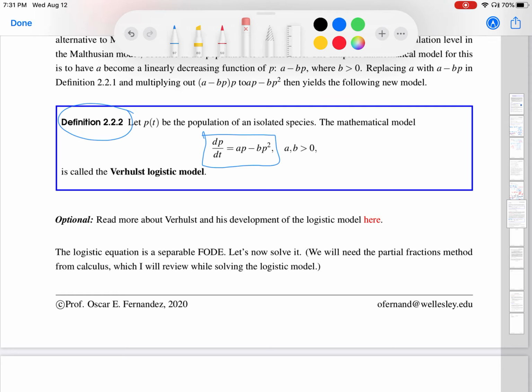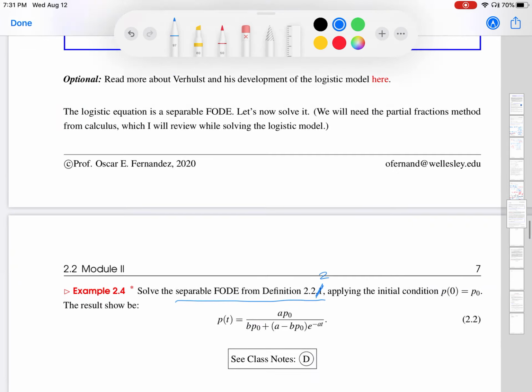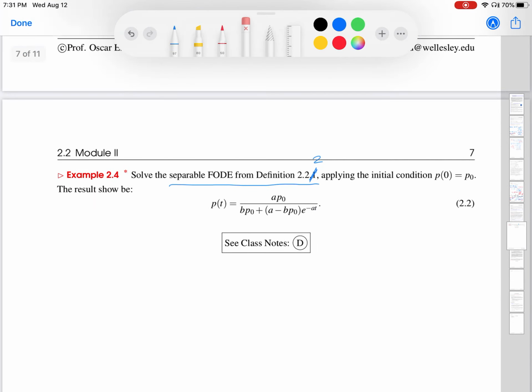We are going to do that in this class notes, and we are also going to apply the initial condition over here, p of 0 equals p sub 0, and verify that this is the solution that we get. So let's go back to the ODE itself and start there.